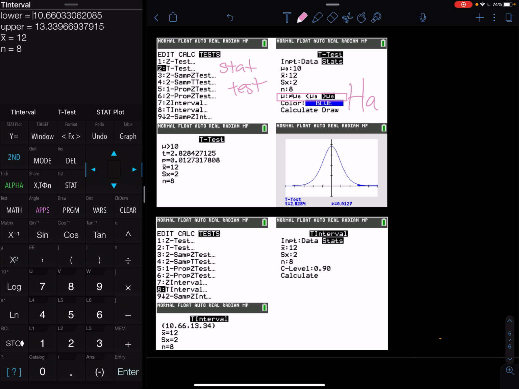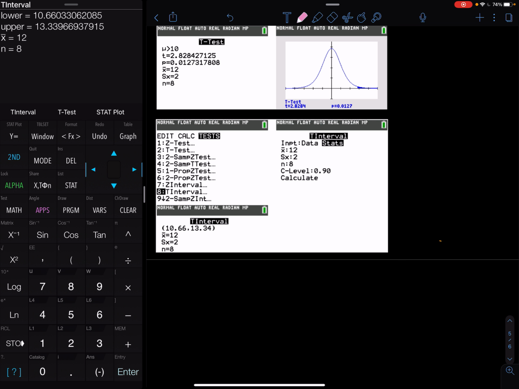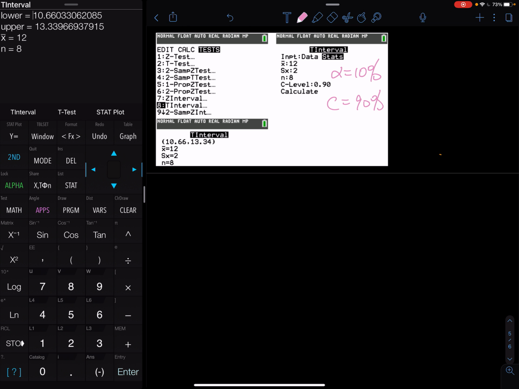And then for the confidence interval, you go to stat test as well. You select t interval, and since alpha is 10%, the confidence level is 90%. They must add up to 100%, and then you have your confidence interval. In case you are asked to sketch a picture for the confidence interval, here is the picture.